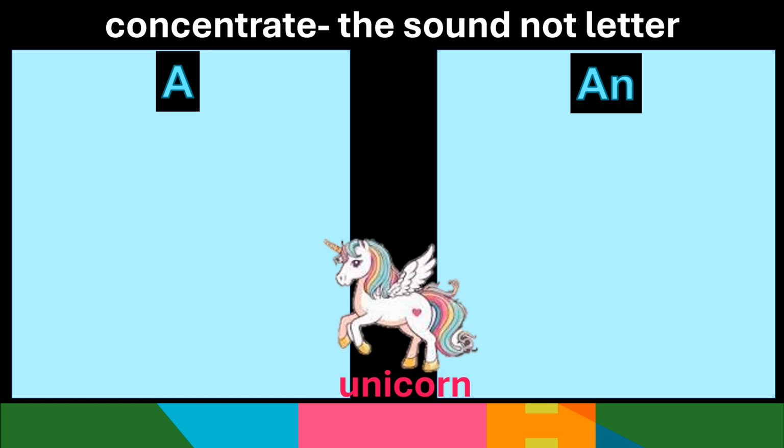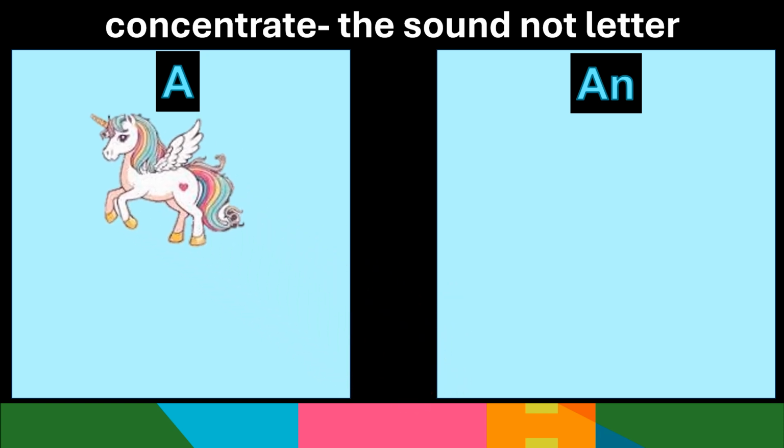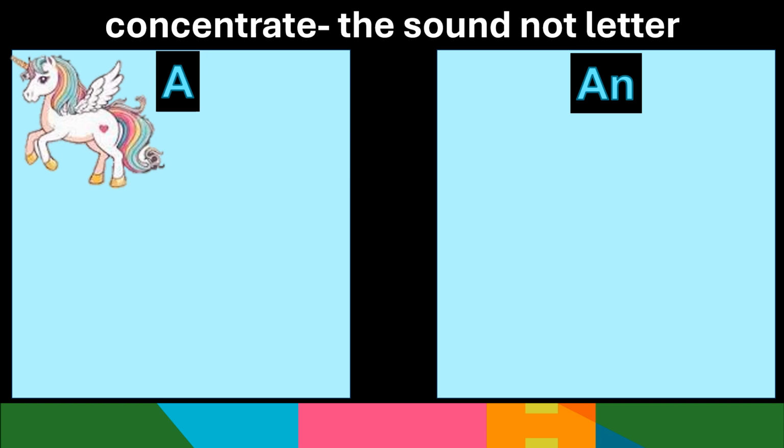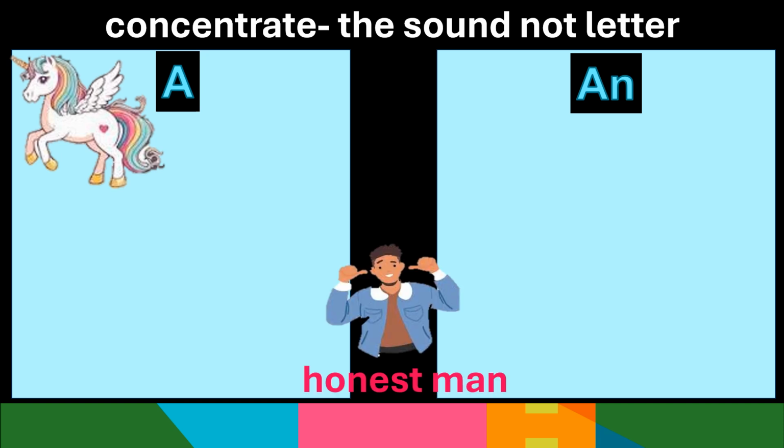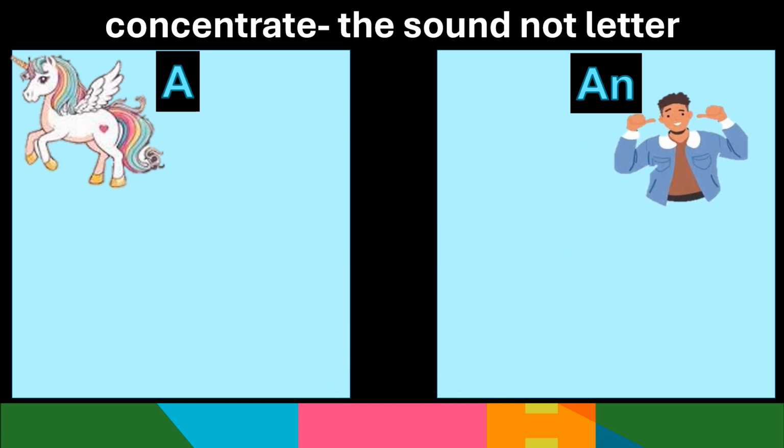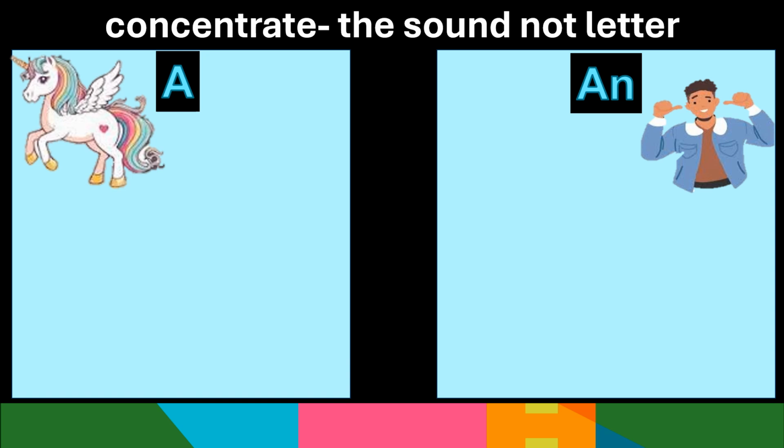It's a consonant one. So, a unicorn. We will use article a. Next, honest man. The H in honest is silent. So the word starts with a vowel sound O. Hence, we use an honest man.